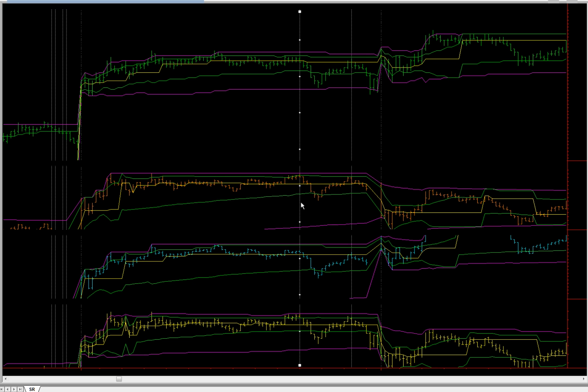So on all of our charts, we've failed to make any kind of a new high, but on at least this particular market, it just barely makes it up to the high of the day. And in fact, it doesn't succeed. And consequently, this market begins to short, pulling the rest of the markets down with it.